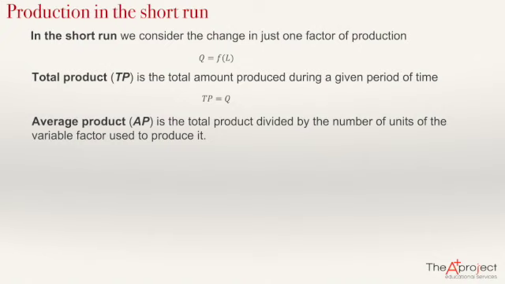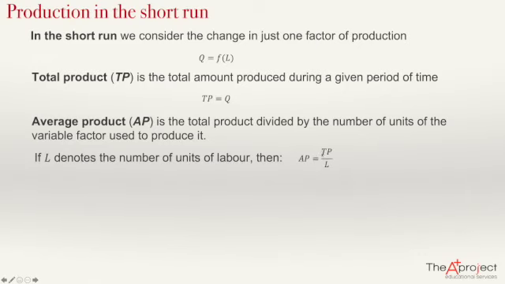For example, if the variable factor is labor, it will be the total product per unit of labor. So to compute the average product, it will be the total product divided by L. If the quantity produced is just a function of capital, then the average product will be the total product divided by the capital.